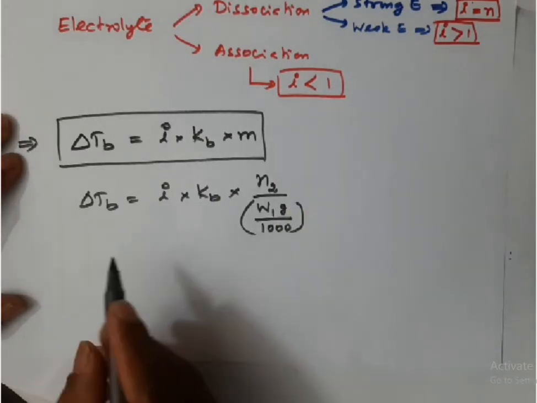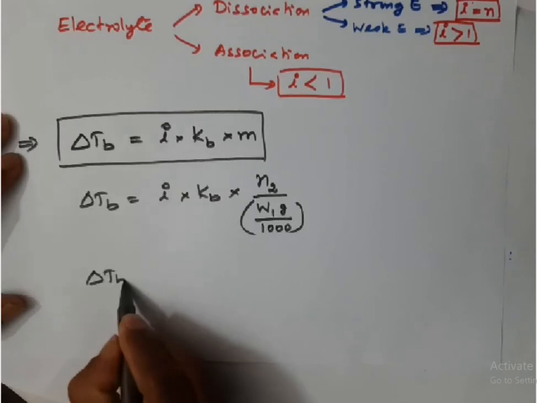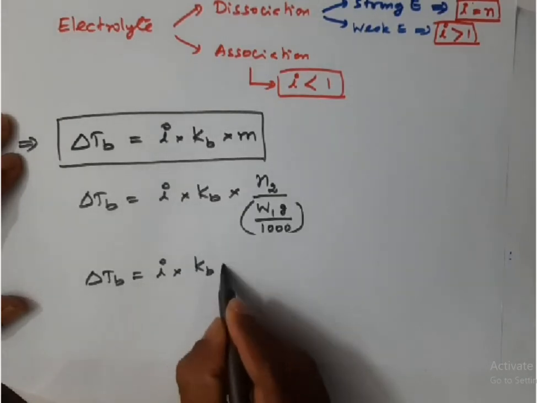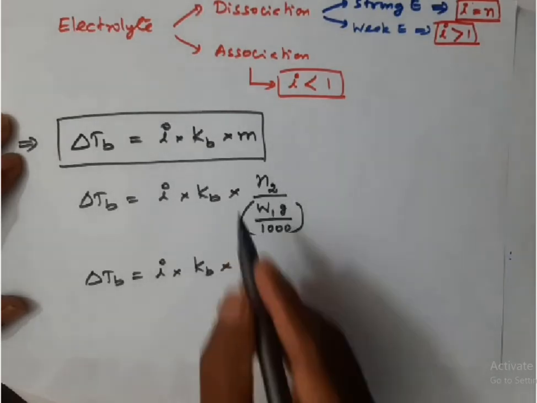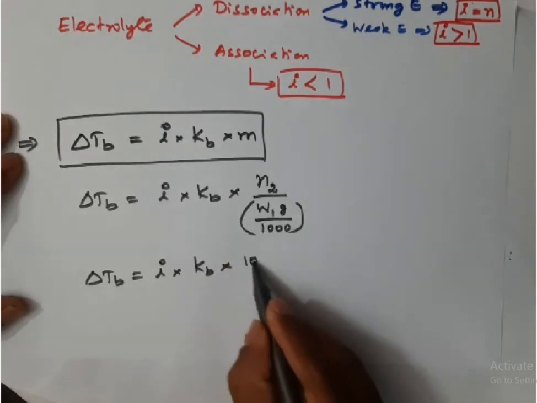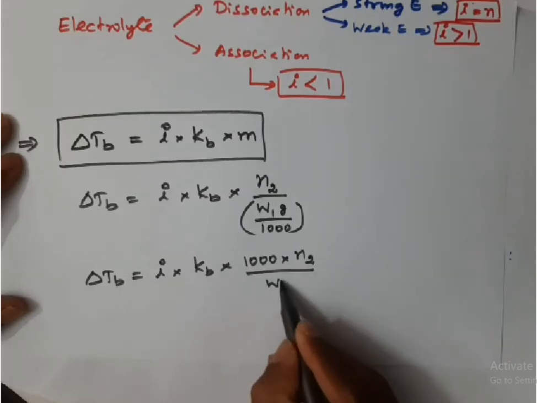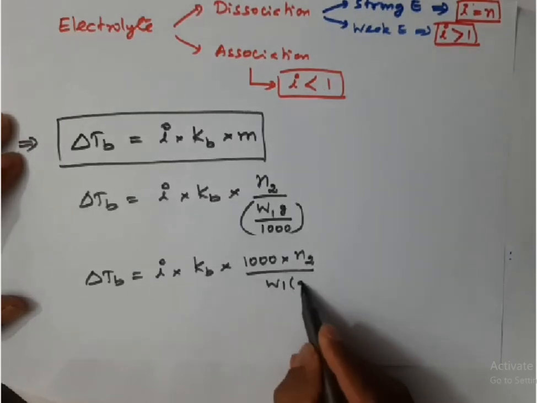Now let me rearrange this. So delta Tb equal to i into Kb into 1000 times n2 by W1, where W1 is in grams.